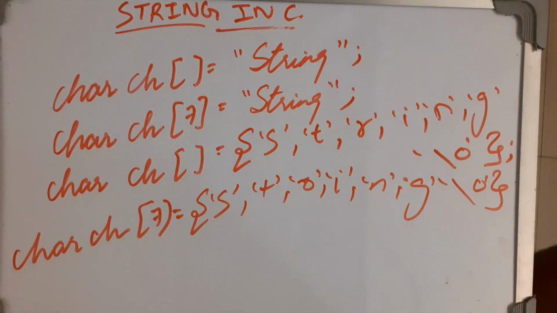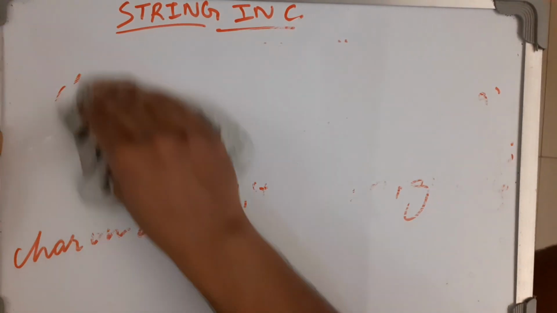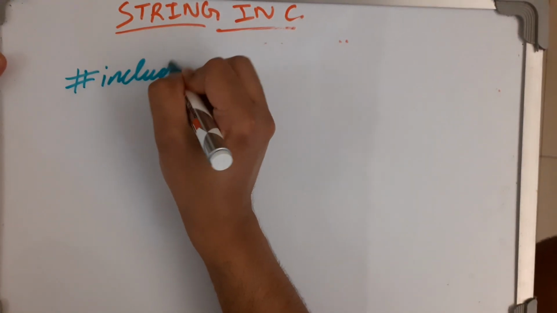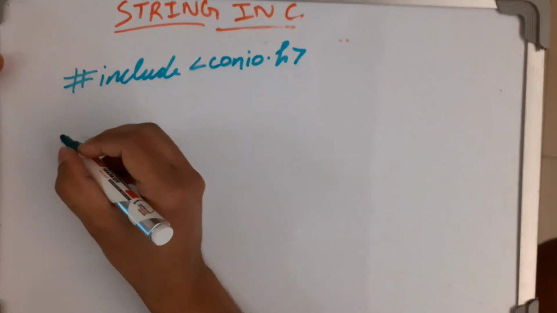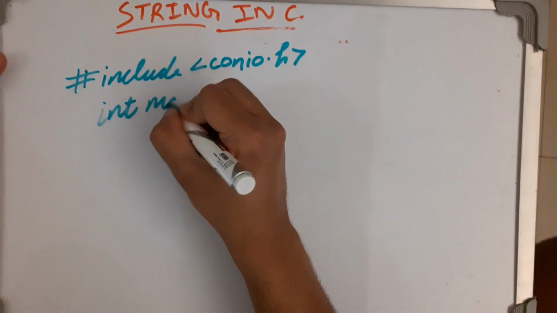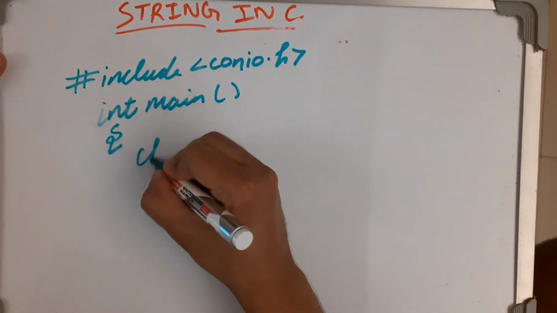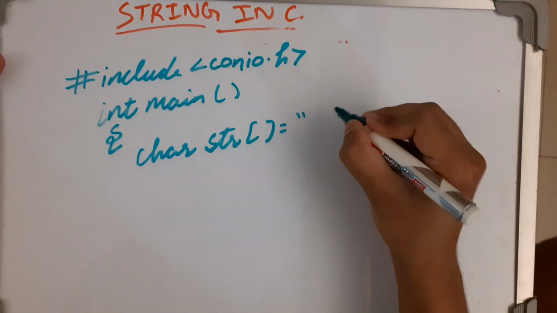Now let us do a program in which we are going to print a string. It's a simple program for string. After this you can write int main, then char str like string.